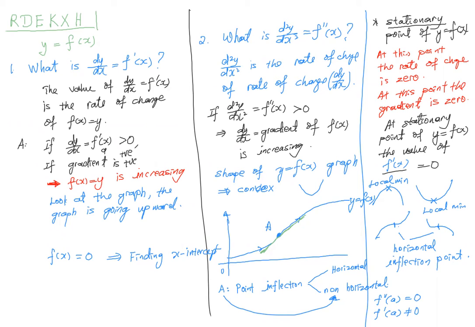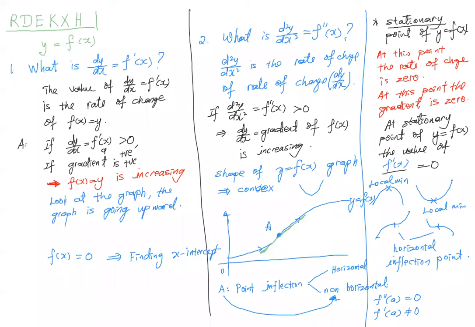Is it bigger than g prime 2.5? Okay. That means g prime 1.5 is bigger than g prime 2.5. Correct, you are right. So why? What is the reason you will give?